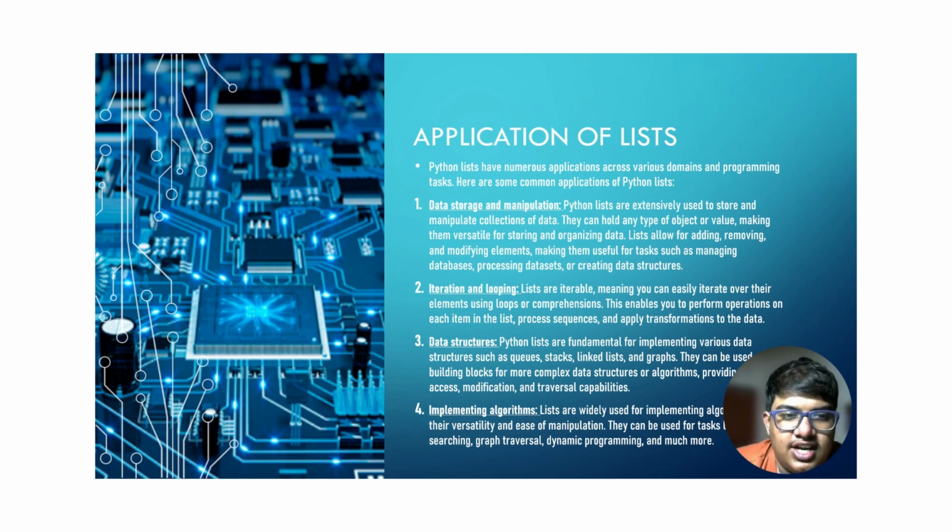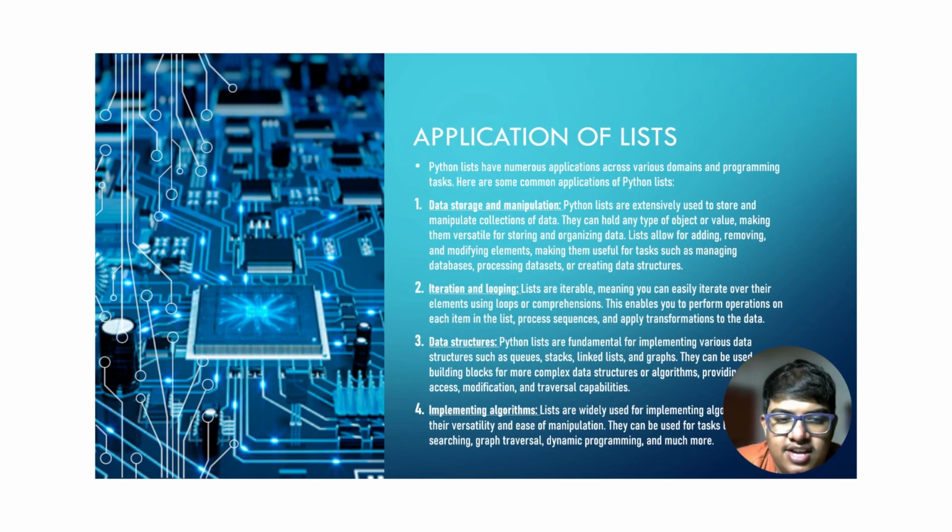The second application is iteration and looping. Lists are iterable, meaning you can easily iterate over the elements using loops or comprehensions. This enables you to perform operations on each item in the list, process sequences, and apply transformations to the data. Next is data structures. Python lists are fundamental for implementing various data structures such as queues, stacks, linked lists, and graphs.